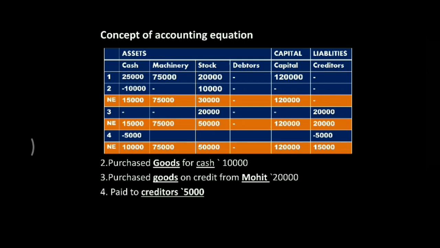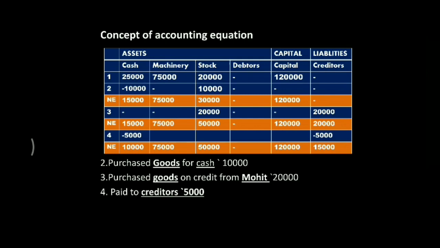Next is paid to creditors. Whenever creditors are paid, it results in decrease in cash as well as decrease in creditors. Mohit is a creditor for us because we have made a credit purchase from Mohit. Although he is a creditor for 20,000, right now we are paying only 5,000.